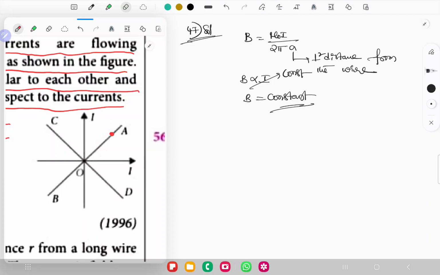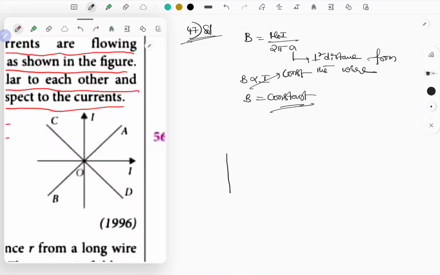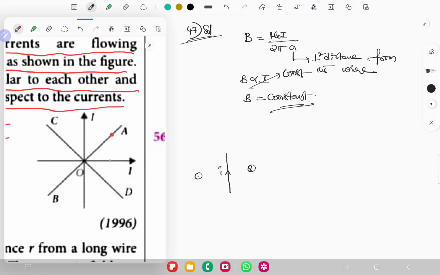If I choose this point, I will give you one hint. If I have a current carrying conductor like this, as I said in a previous session, if this is the direction of current, on the right side the magnetic field is into the board, on the left side it is out of the board. This is the trick that I am going to use here. So let me select a few points. So this is the direction of current.